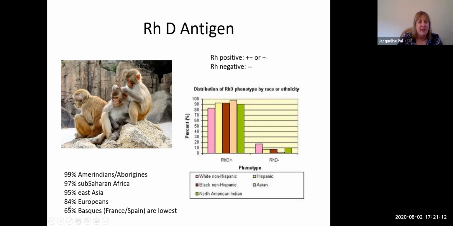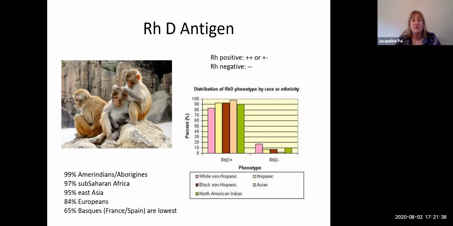East Asia, 95%. And if we look at Europeans, the lowest population in the world are the Basques, which is the southern part of France, closer to the west side. So it's kind of like the French-Spanish border. This is the population in the world that has the highest incidence of being Rh negative, which means it has the least amount of the D antigen.